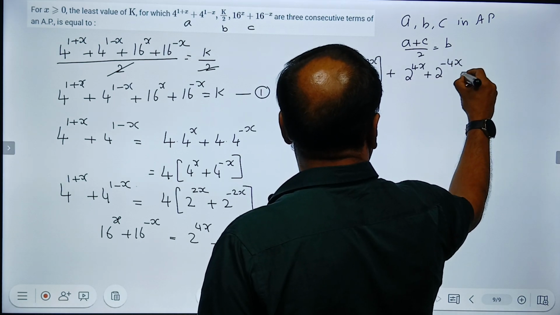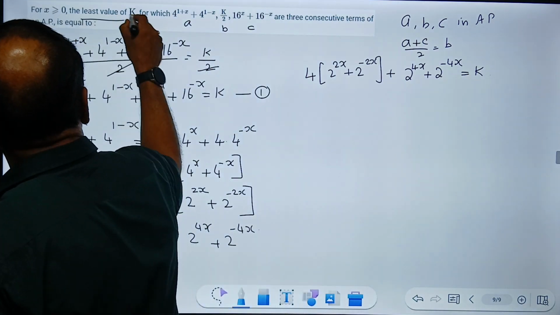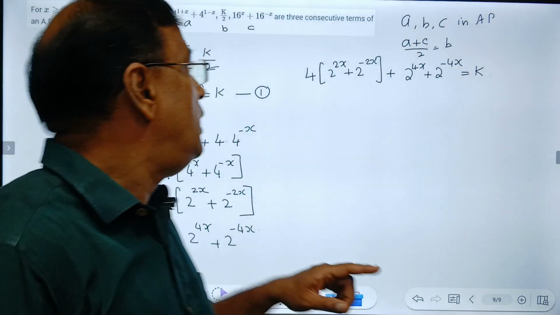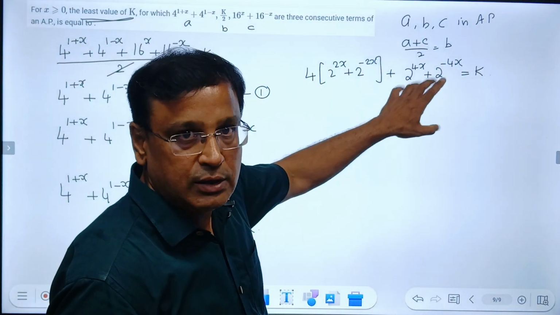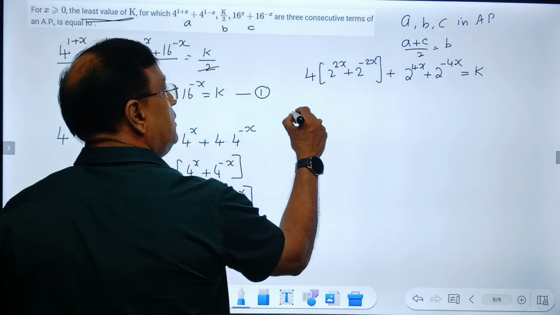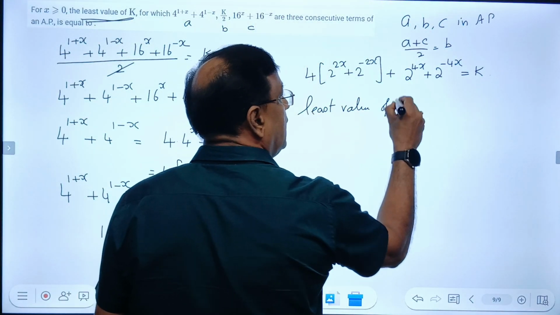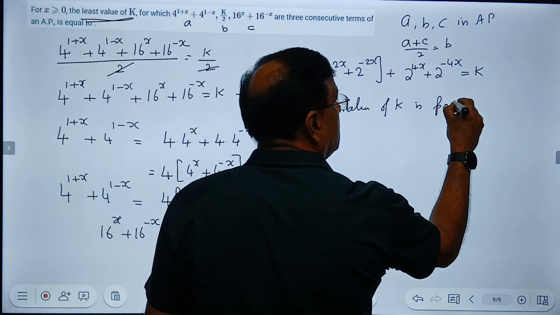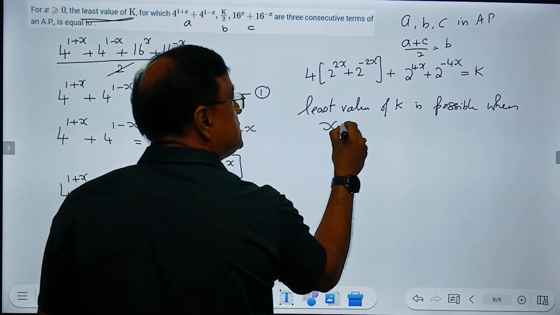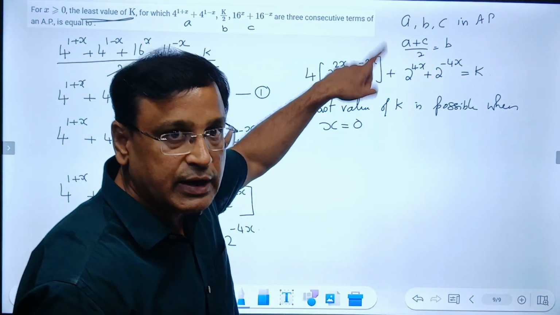He wants you to find the least value of K, and X is greater than or equal to 0, a whole number, a positive number. So if you want the least value of K, it is possible when X is 0, because powers will increase when X increases.